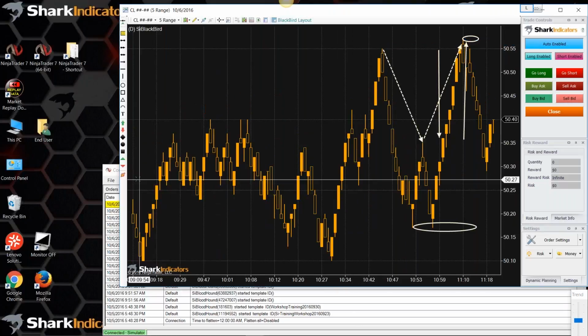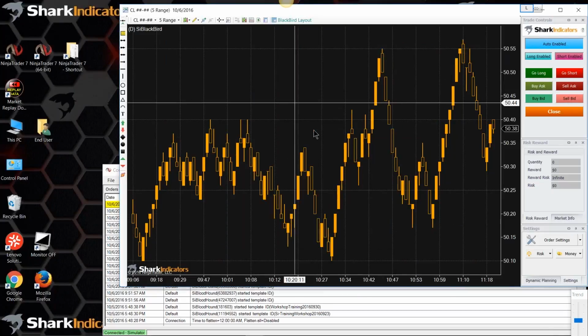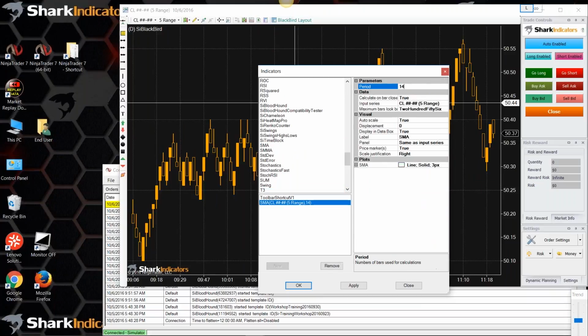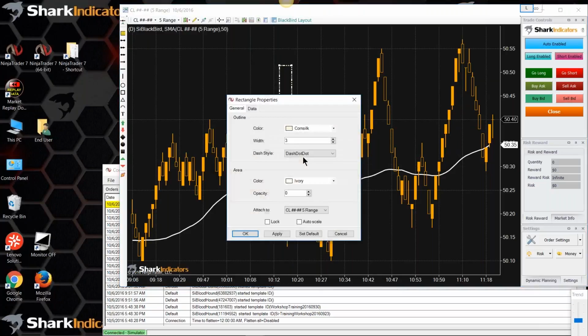now let's put our SMA on there, and let me just kind of clean up the board. Let's put a 50 tick SMA on there, like so. And let's draw a little box here that's going to be 50 ticks high.